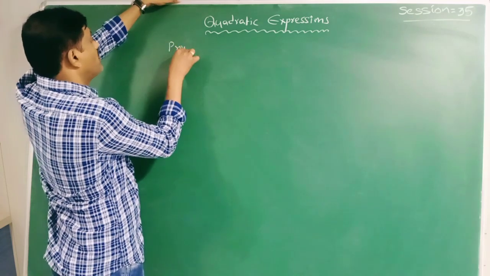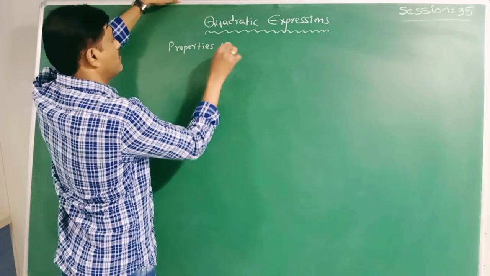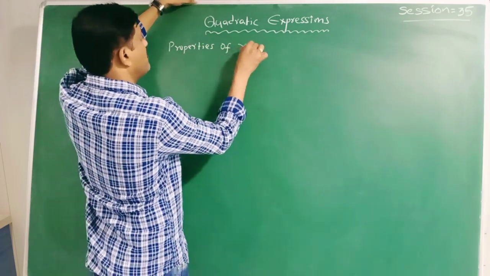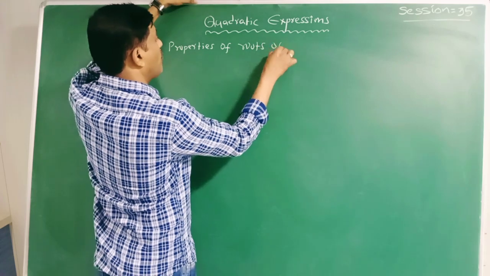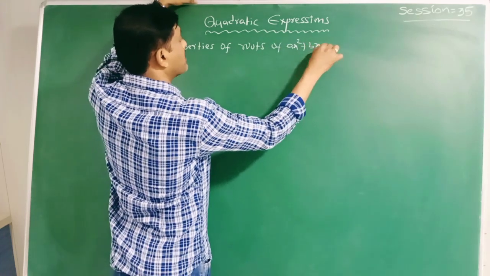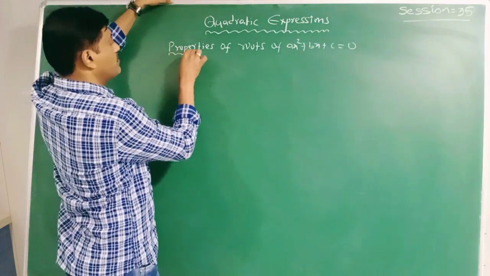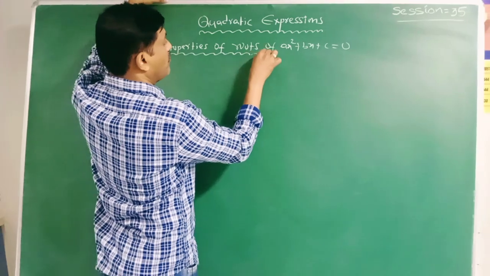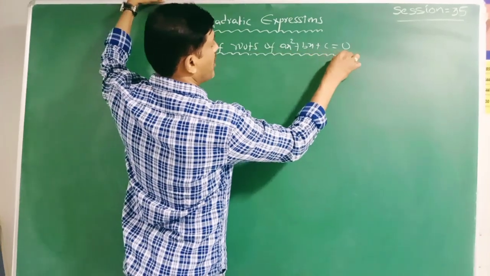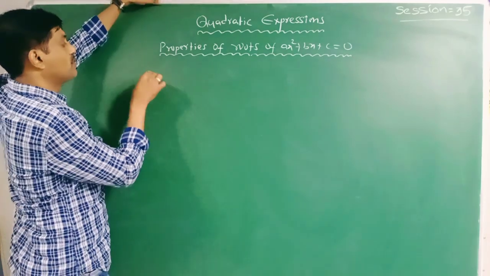Now, properties of roots of ax square plus bx plus c is equal to 0.